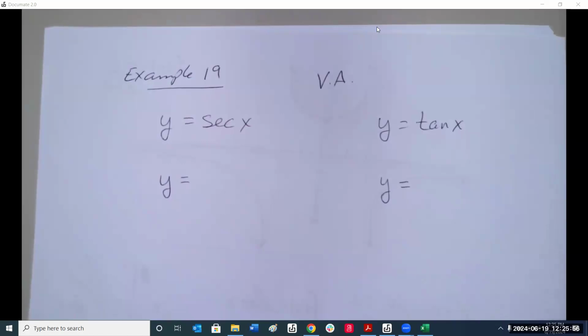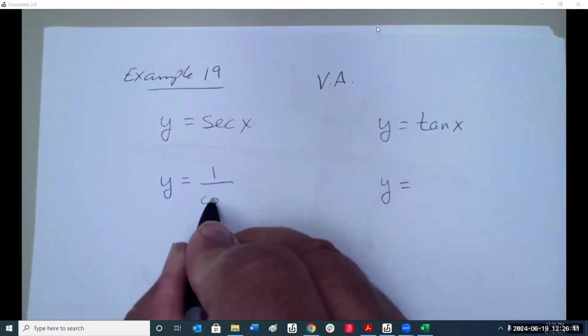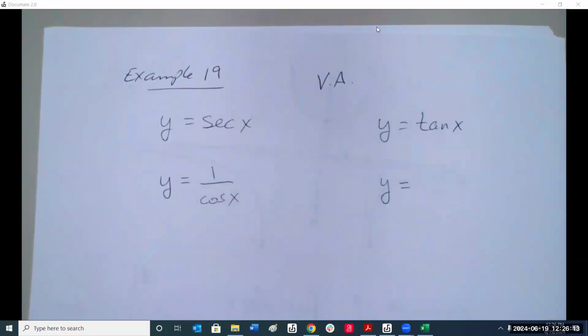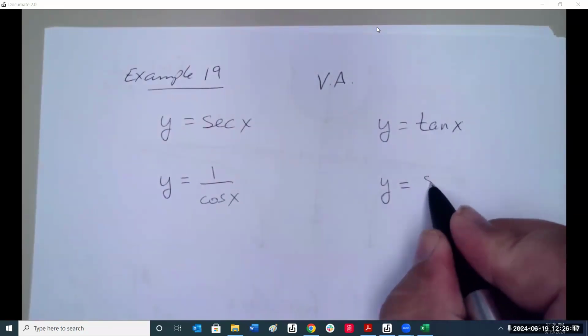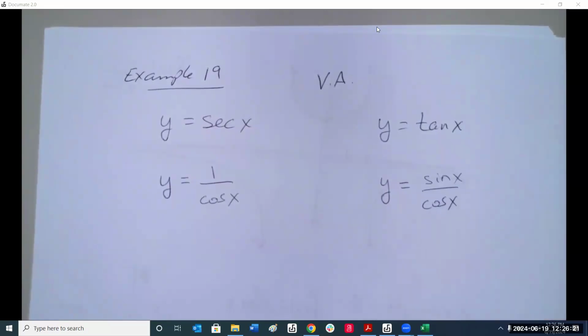Always put them in terms of sine and cosine. So secant is 1 over cosine. Tangent is sine x over cosine x.